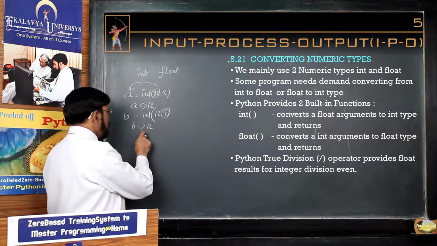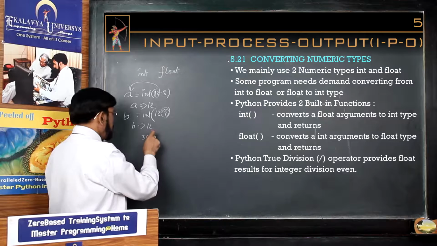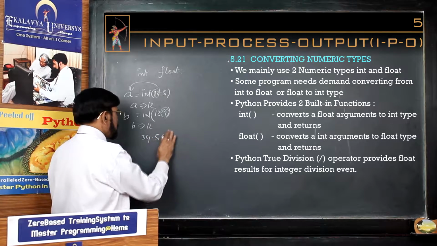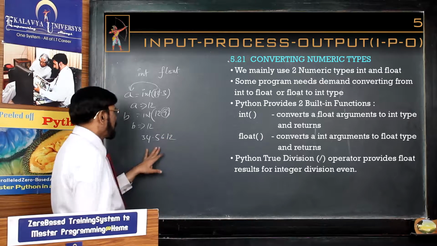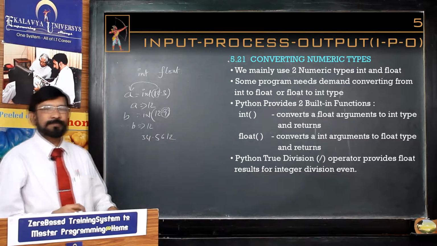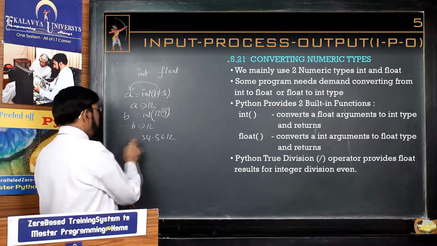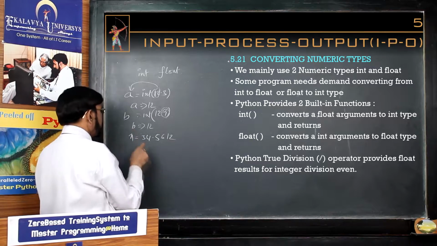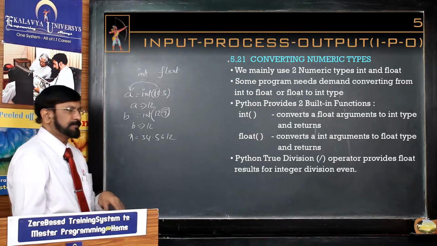Suppose one value is like this, 3.5612. This is a floating point value. Let us say this is n, n is equal to this much.